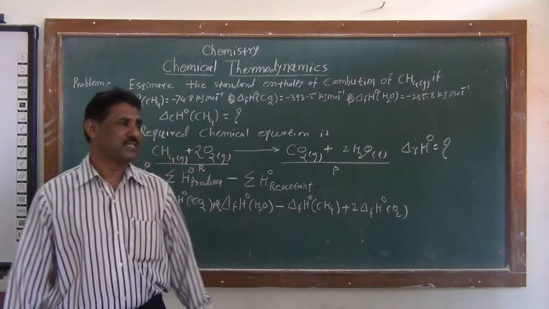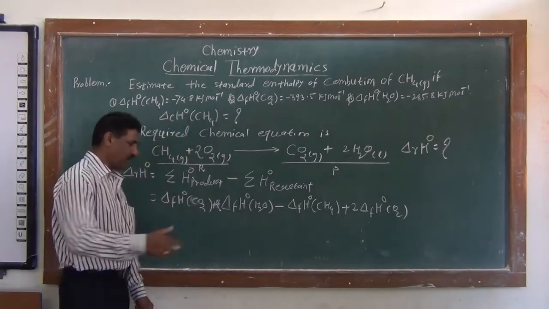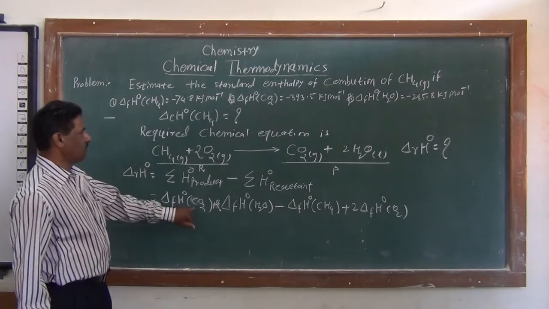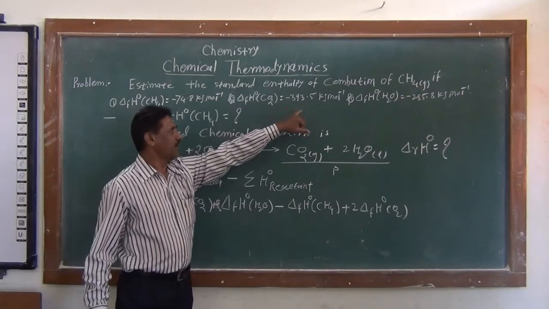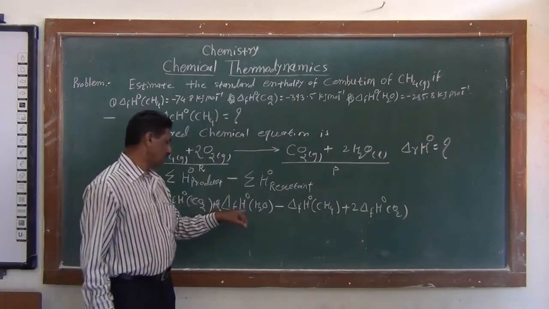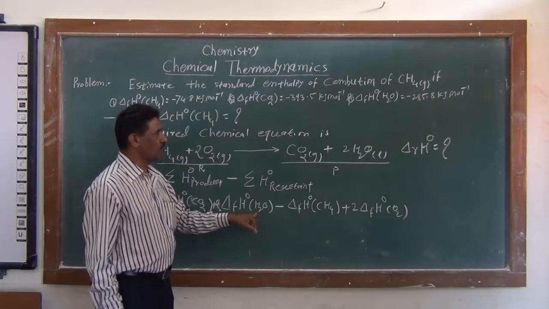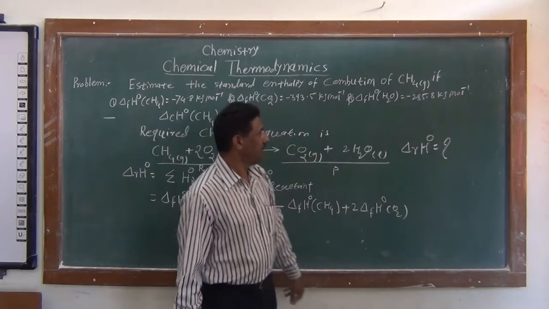We substitute these values in this equation or this formula. Here the value of CO2 is minus 393.5. Here the standard enthalpy of formation of water is minus 285.8.